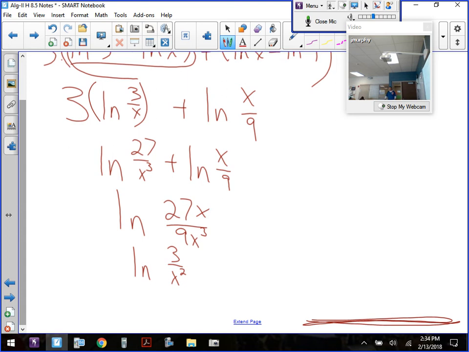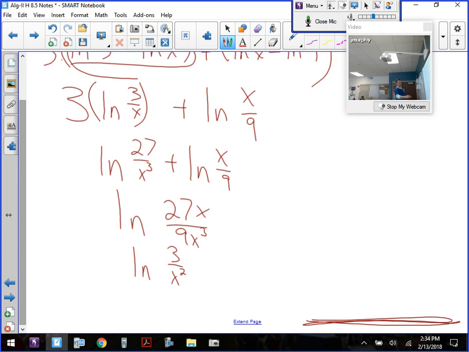You can get some pretty crazy looking stuff that simplifies out to equal like 2. What? It happens. All natural logs are weird. It is a multiply.